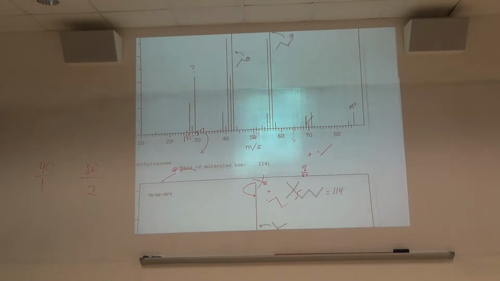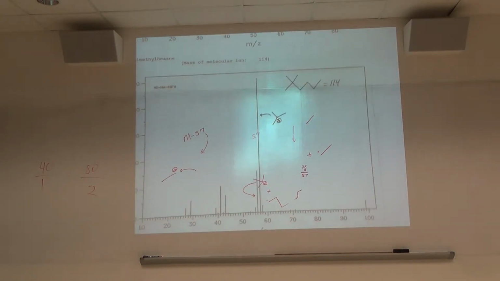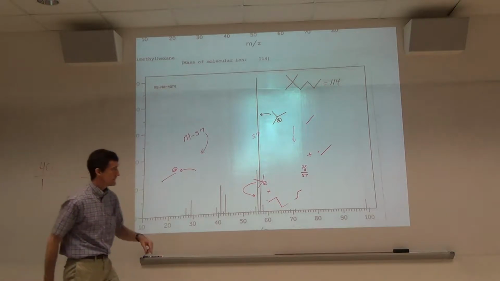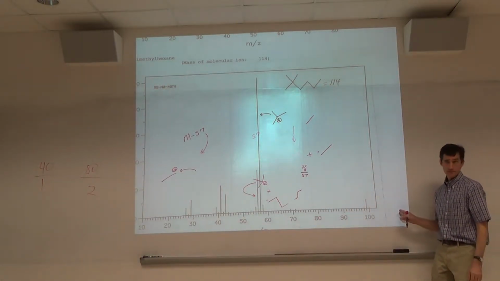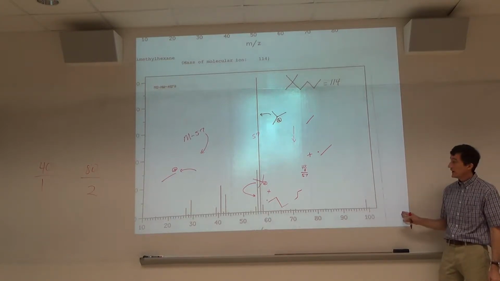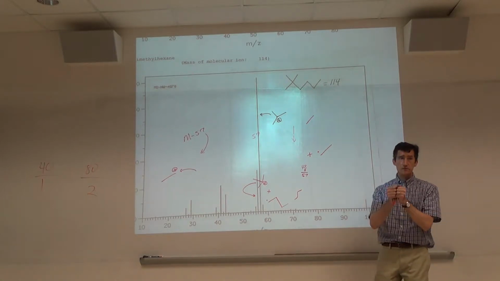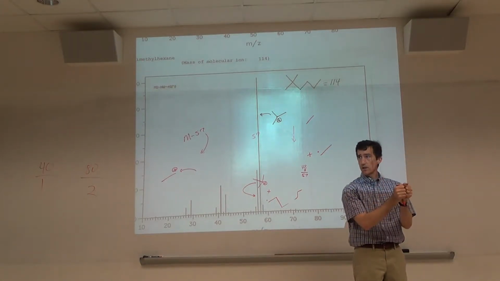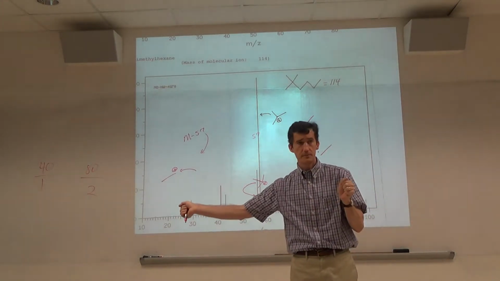114, did we see the molecular ion? I think we looked. The fact that 114 is not shown, I would say that means there's nothing there. The molecular ion does not always have to be seen. Once it ionizes, the molecular ion has to make it through the system, be deflected, and hit the detector.